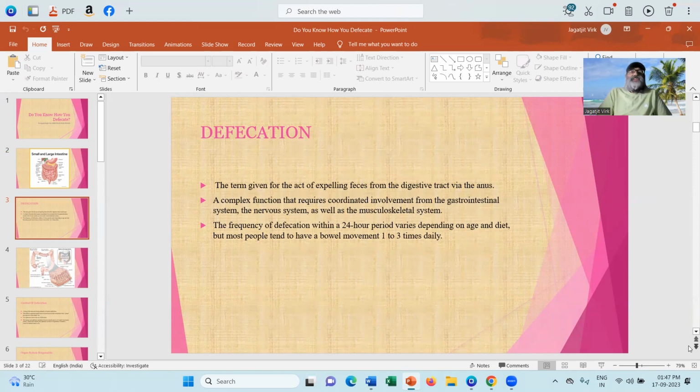The frequency of defecation within a 24-hour period varies depending on age and diet. But most people tend to have a bowel movement 1 to 3 times daily.